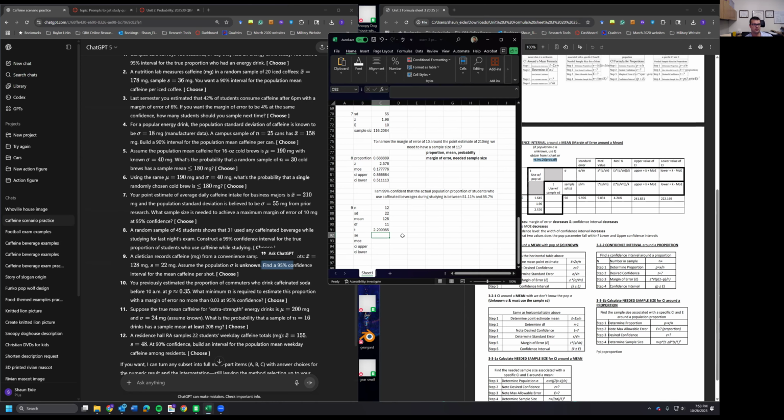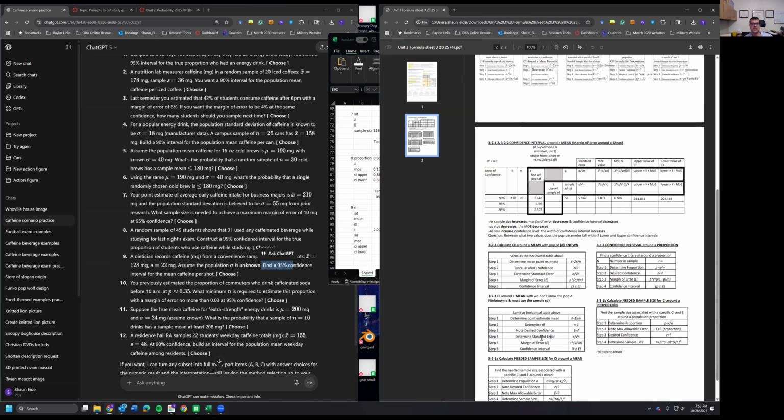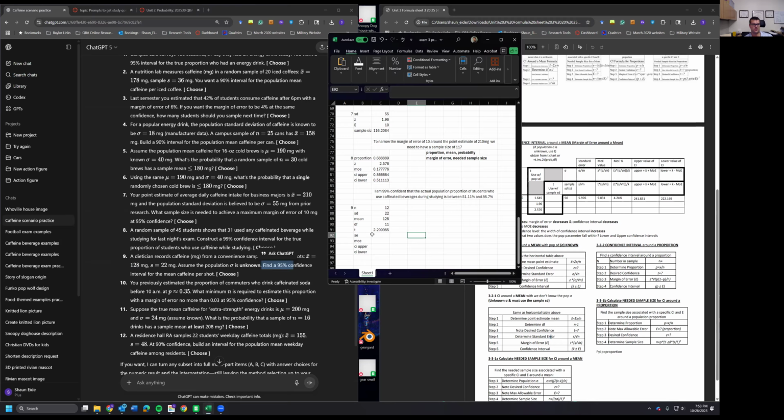So to get standard error, standard error is standard deviation divided by the square root of n. I almost calculated something else. Okay, so equals standard deviation divided by square root of the sample size.